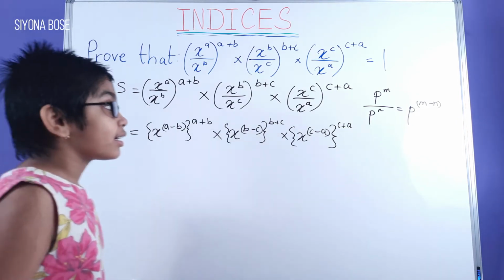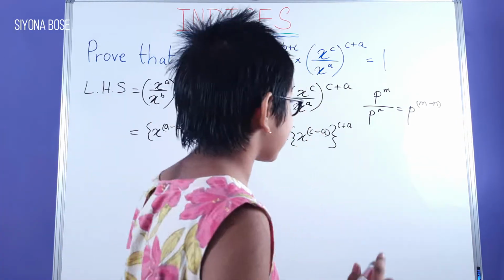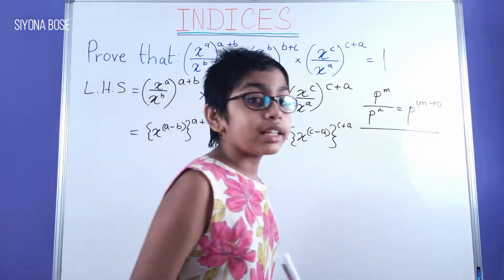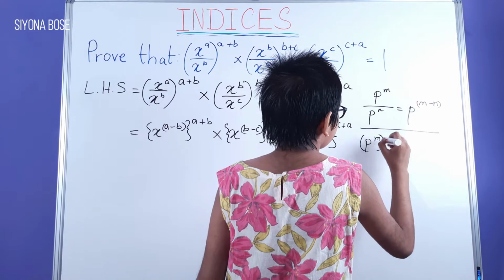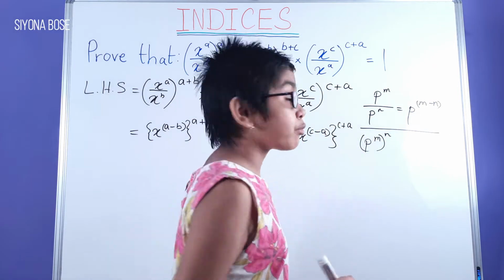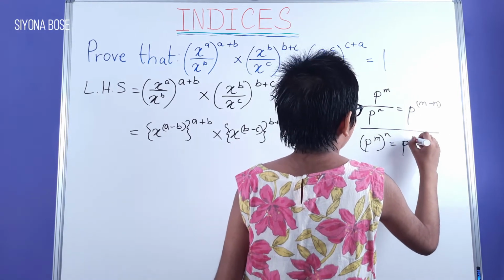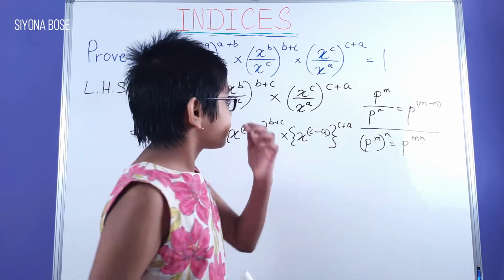We got this. Again, we will use the identity that if it's like p to the power of m whole to the power of n, it's equal to p to the power of mn.